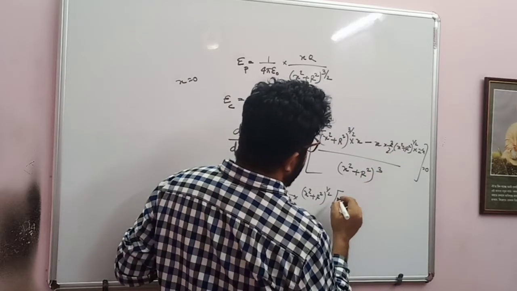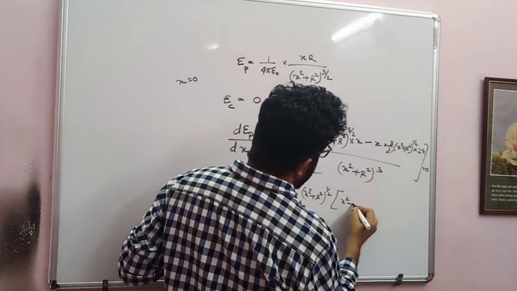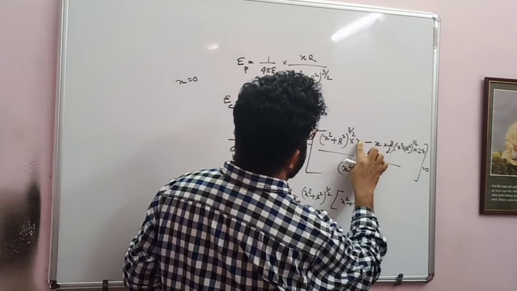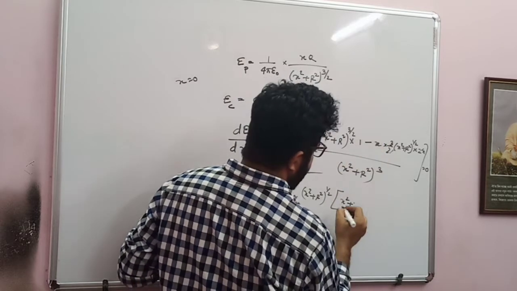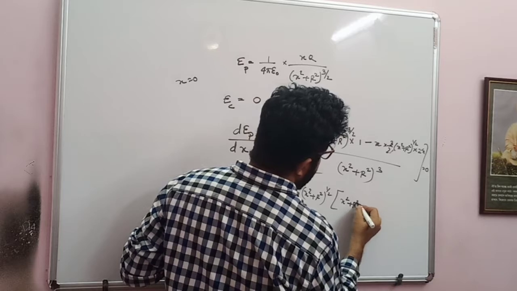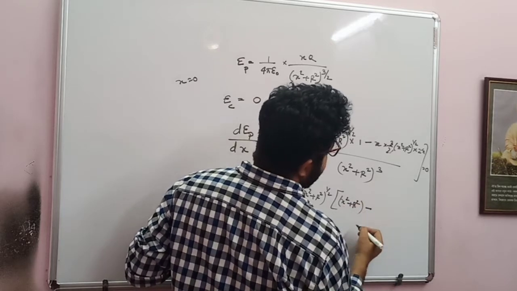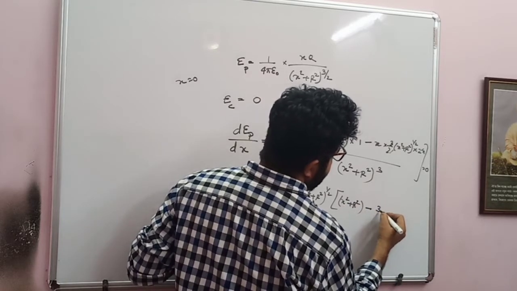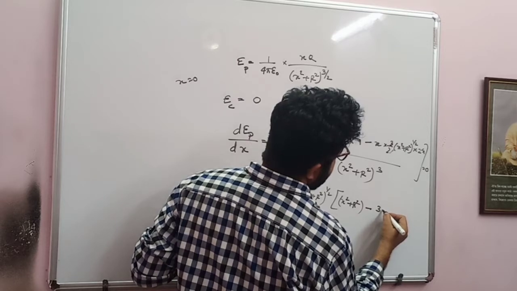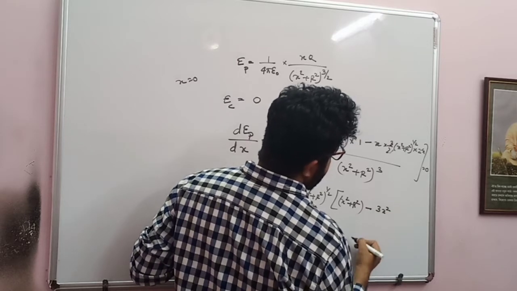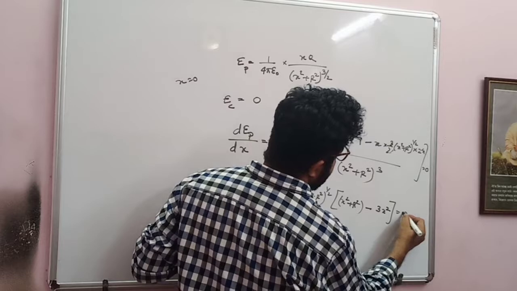मेरे पास क्या आएगा, x स्क्वायर प्लस r स्क्वायर माइनस 3 x square equals to 0.